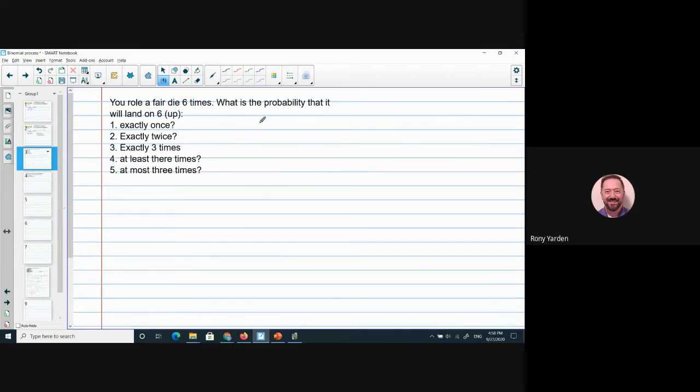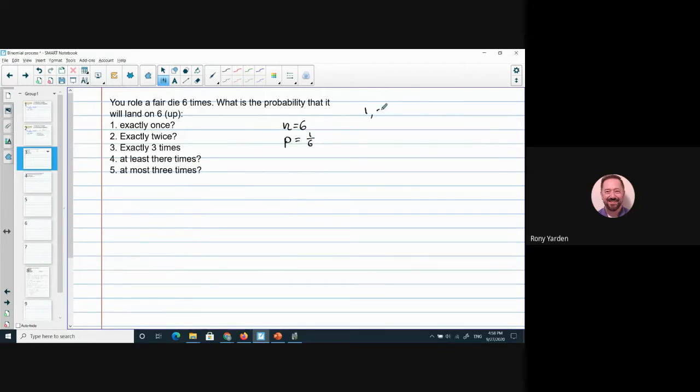So let's see what we can write out of the givens. We have a fair die and we roll it 6 times, which means n equals 6. We have 6 trials. Now, what is the probability that it will land on 6? Landing on 6, this is our success. And we're going to write the probability of our success as 1 out of 6, because there are 6 possible outcomes for a die.